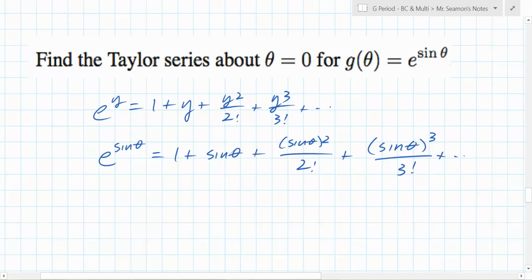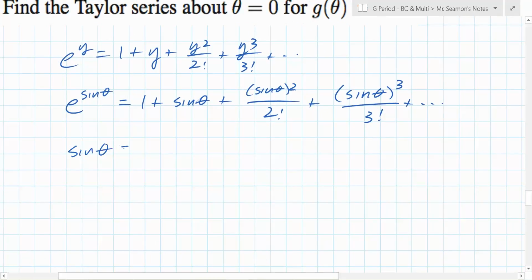But what's the thing that we don't really like seeing in there? We don't really like the sine theta in there. We'd love to strip away the sine and just have it in terms of theta. Do we have a way of rewriting sine? What's sine theta equal to?